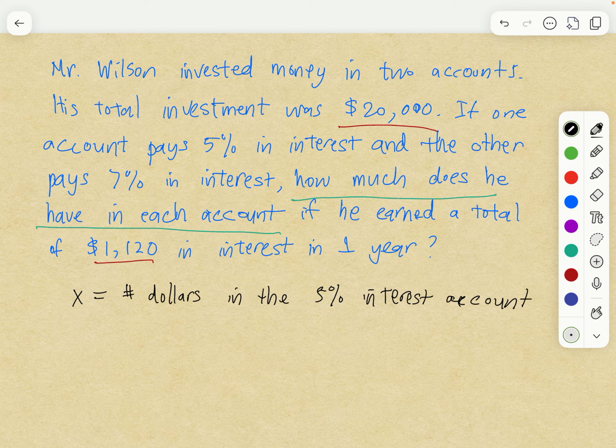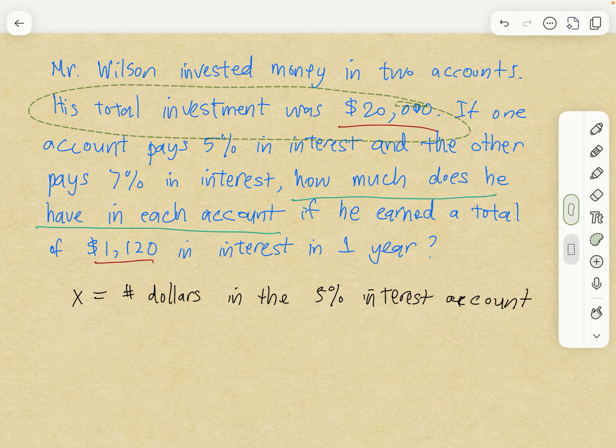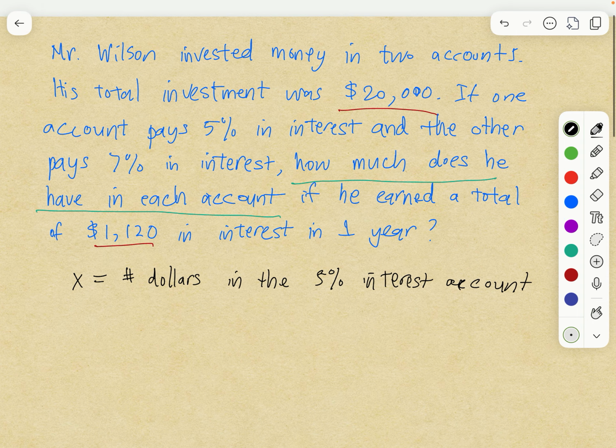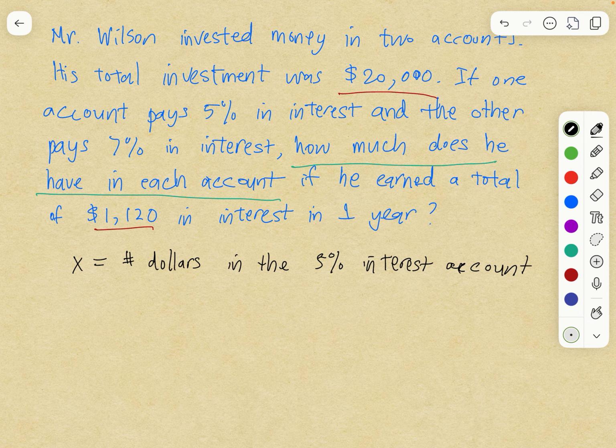His total investment is $20,000. So if he has X dollars in the 5% interest account, then the rest of the dollars are in the 7% account. If you have X dollars in the 5% account and the total is 20,000, then the remainder, 20,000 minus X, must be the amount in the 7% interest account.